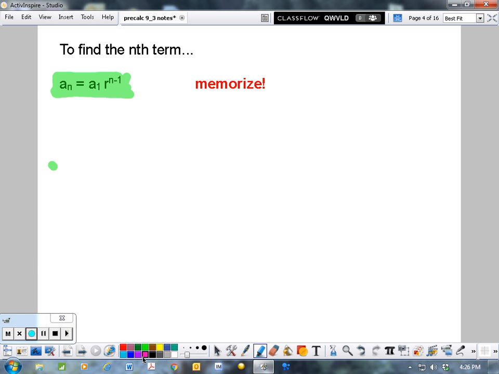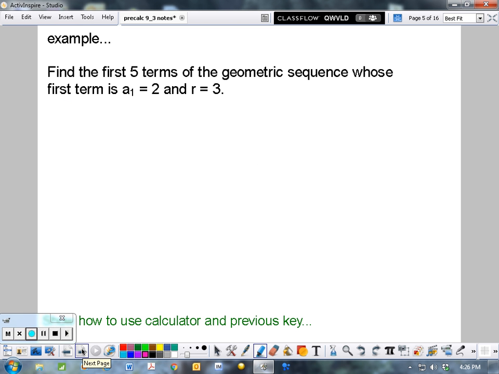So we're going to work on that now on some problems. Find the first 5 terms of the geometric sequence whose first term is a1 equals 2 and our common ratio r equals 3. So we have several things that we can do here. We can just go ahead and say, hey, my first term is 2.